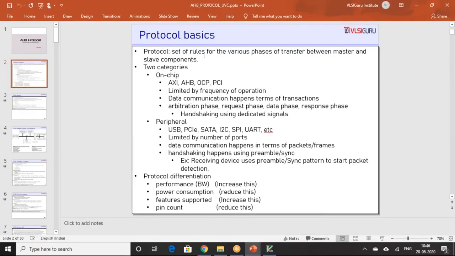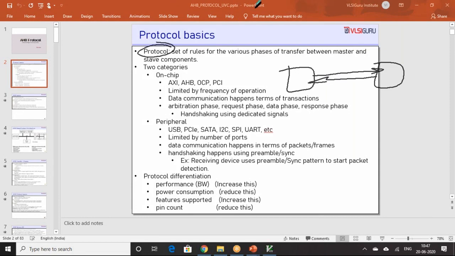It is a set of rules for the various phases of transfer between master and slave components. You have a master and you have a slave. What are the guidelines that need to be followed and how the signals should be driven? That set of guidelines is what we collectively call a protocol.